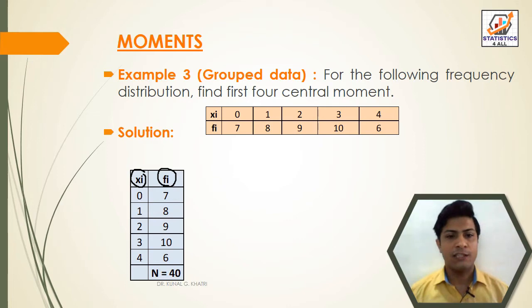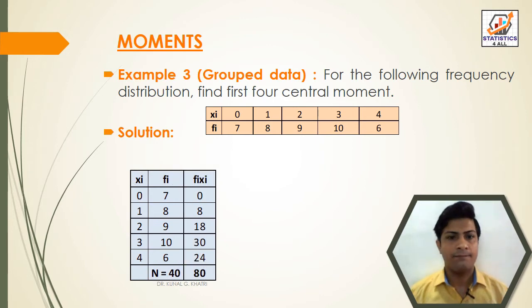Now we take the sum of frequency, we get the value n equal to 40. After finding this value, we will multiply frequency into observation, that is fi into xi.